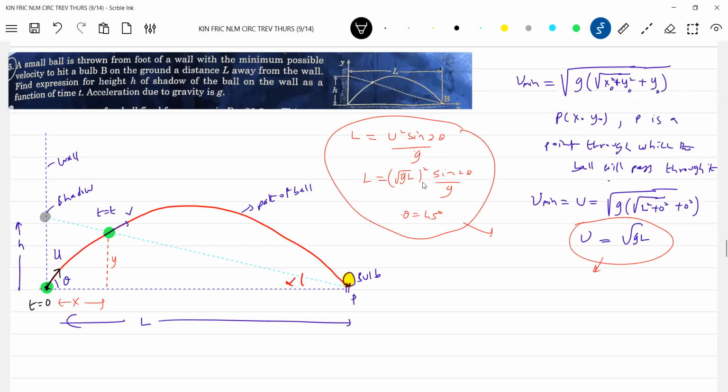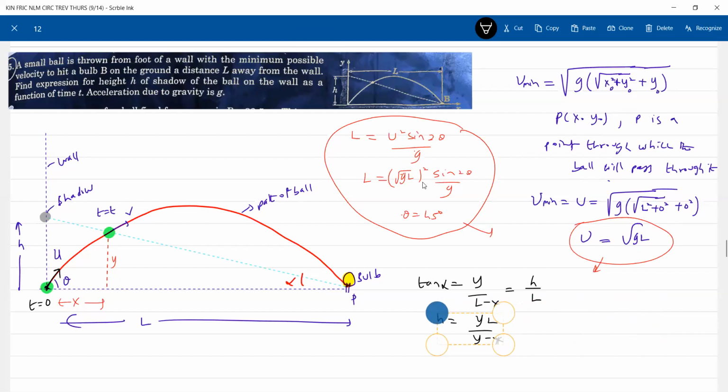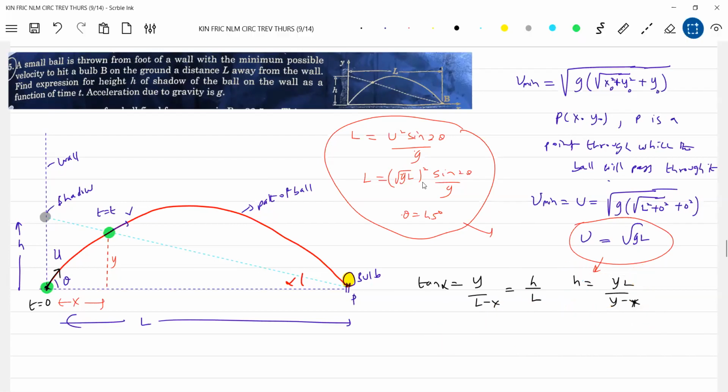Now you look at the triangle: tan theta equals y by L minus x, equal to h by L. I think he's asking for the expression for h. H is equal to... but we don't know y and x. So that is tan alpha. But still, we don't have information on y and x.